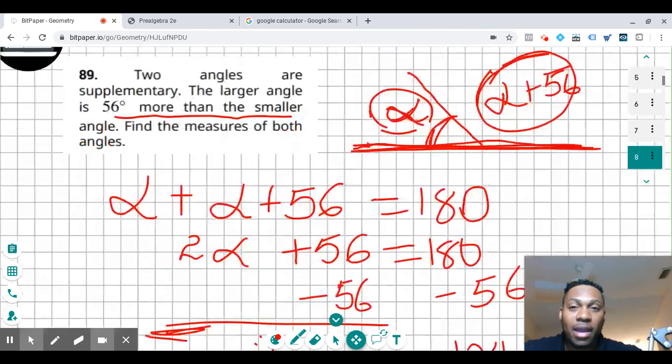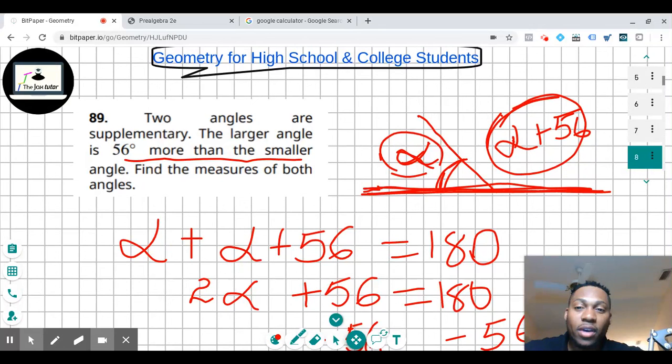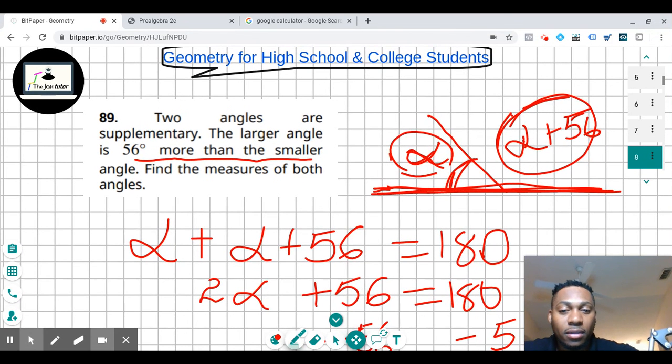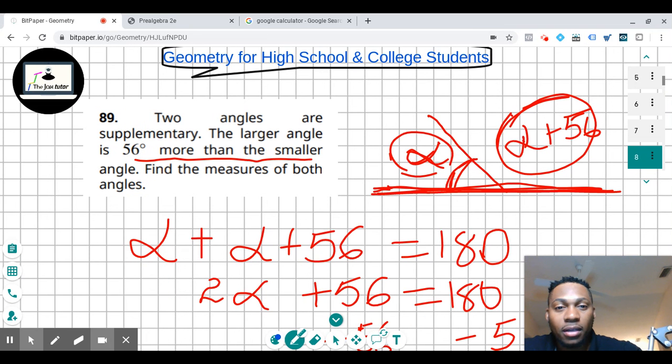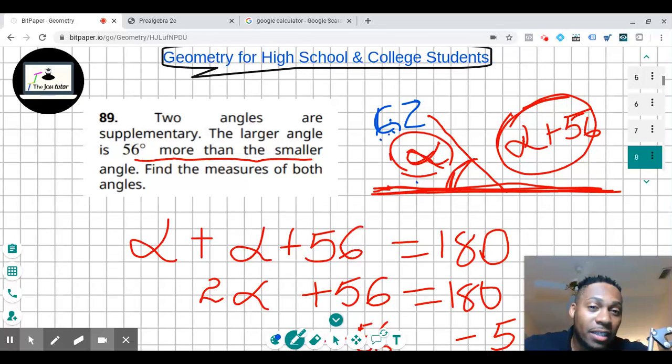So the problem asks, what are these two angles? I know this one is equal to 62. So I want to know this one. How do I get to this one if I know alpha is 62? We know that one is alpha plus 56.